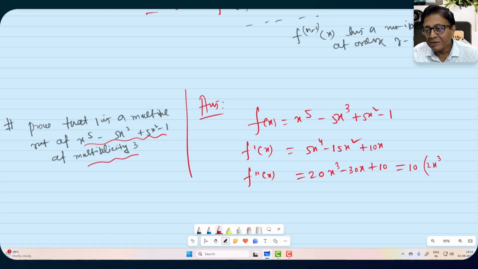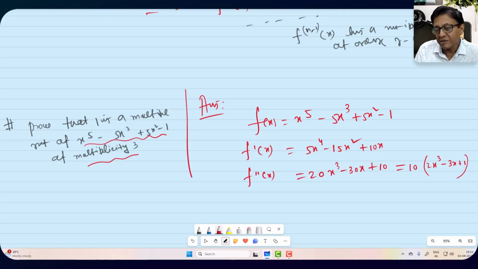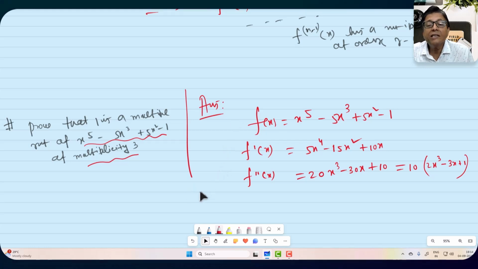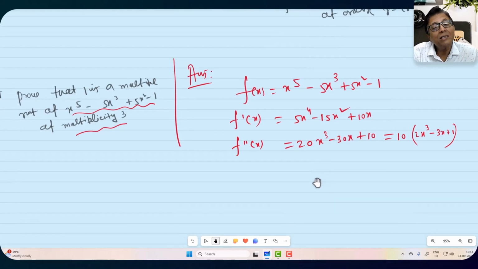I wanted to make some observation here, that for x equal to 1 this is vanishing. So let us take some step to find the HCF between f dash x and f double dash x. Why?